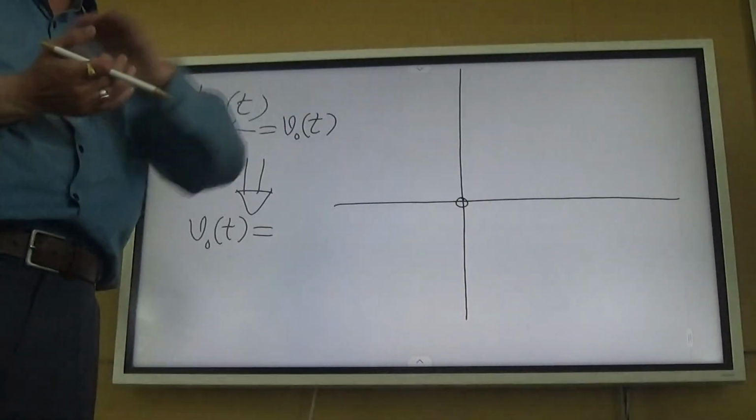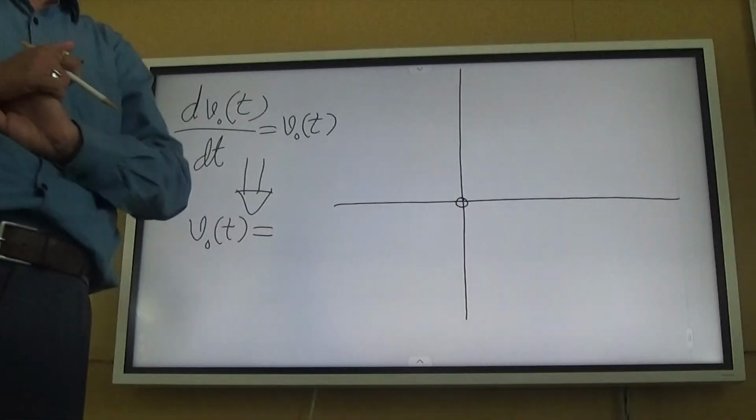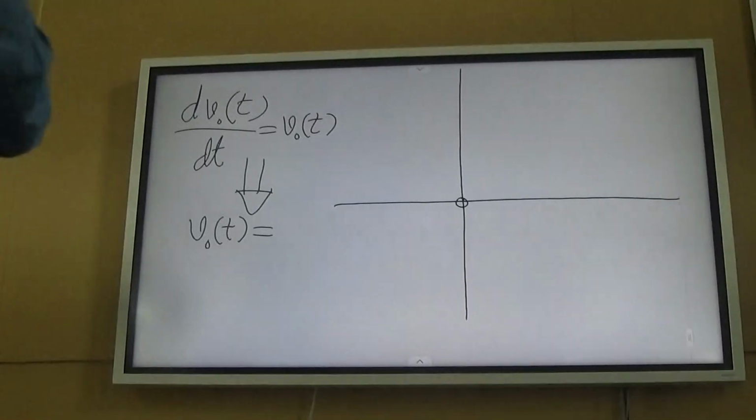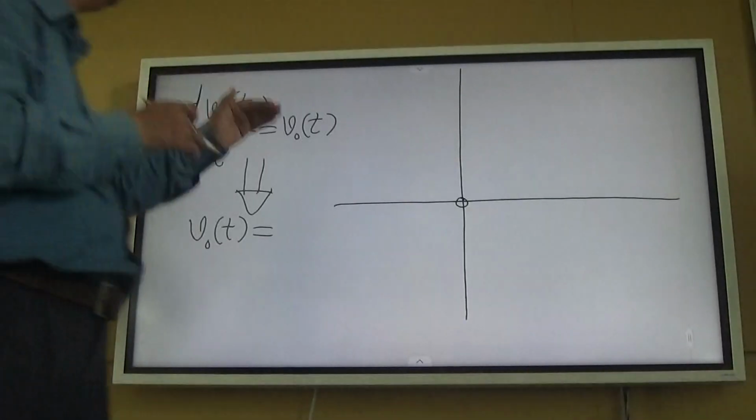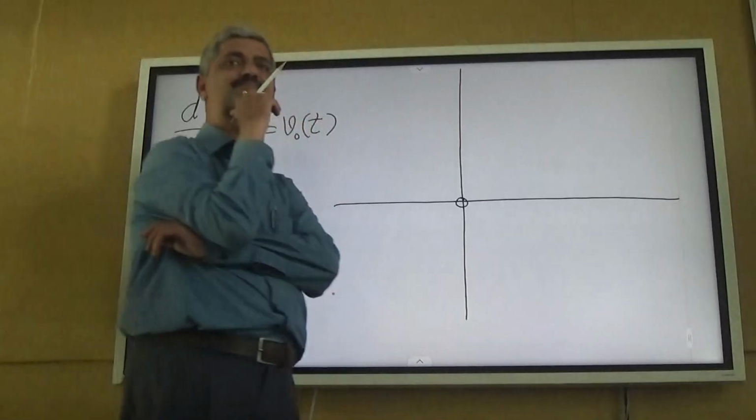Naturally the first quadrant. So how do you go? Now we don't know the answer. When you don't know the answer, we presume one answer and verify whether we are on the right track. If not, we correct ourselves. Now how shall we go from here? From here, roughly what direction should it have?